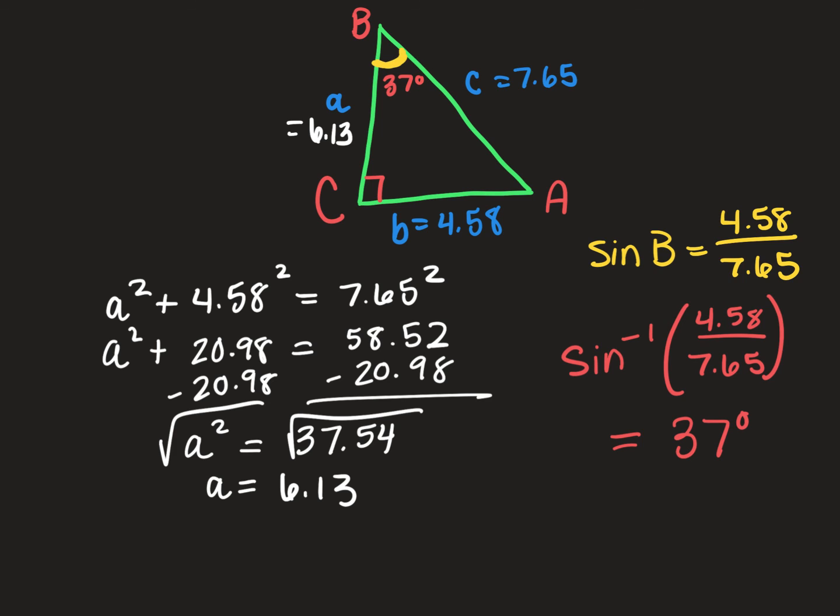So angle A is going to be 90 minus 37, which is... You're done. And angle C is 90, right? Yes, angle C is always 90. It's a right triangle, so C is always 90.